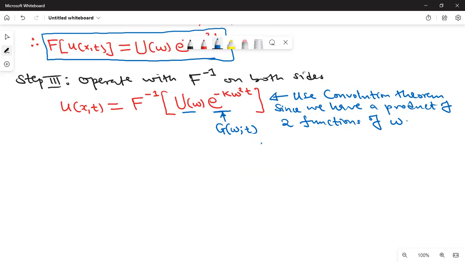You remember the convolution theorem? Let me state it.